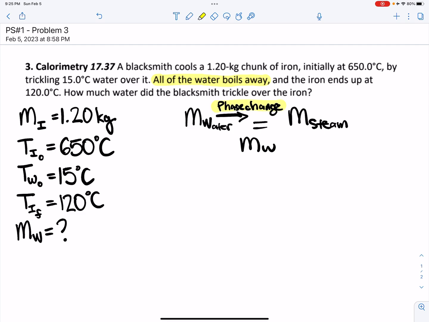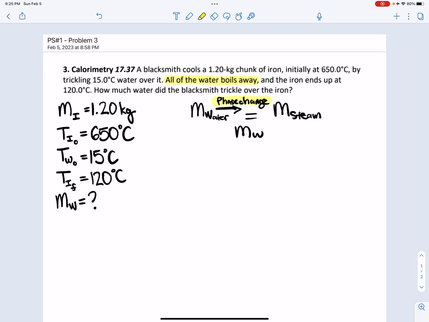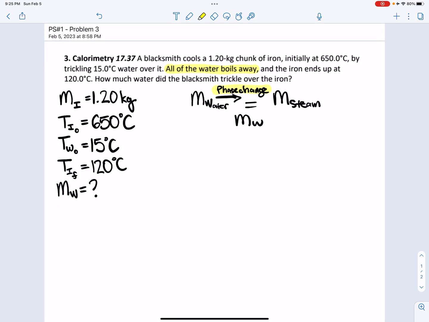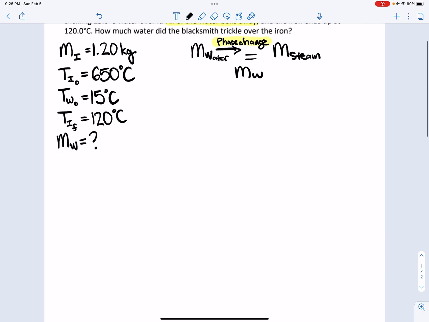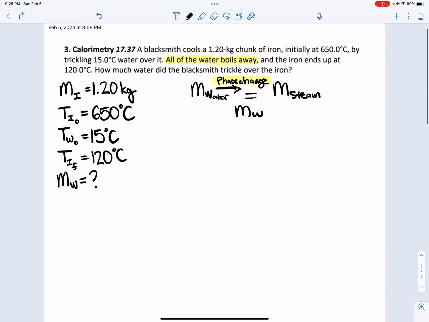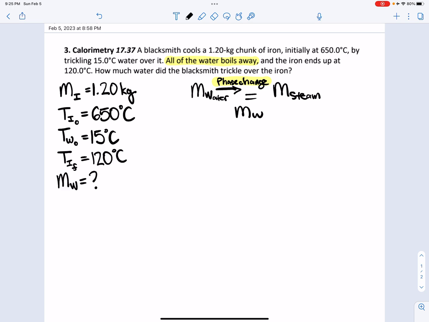That is very important. Okay, so we will solve this by using the formula, and I think it was 17.6, calorimetry. And that is that the sum of all heat transfer equals 0. If you guys haven't seen the video I posted with important formulas for chapter 17, check that out.